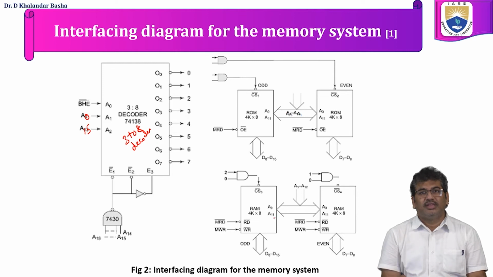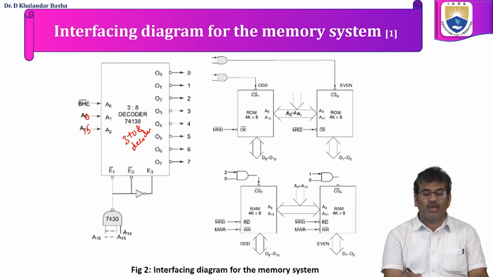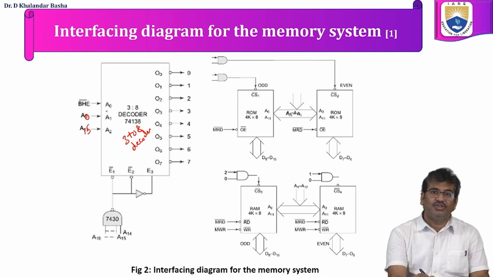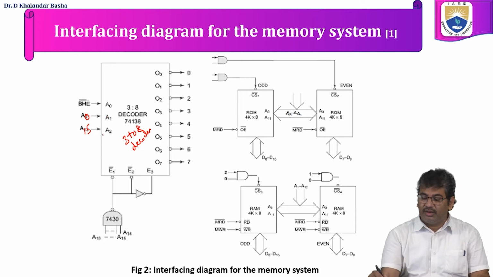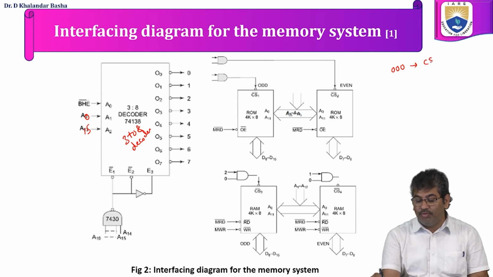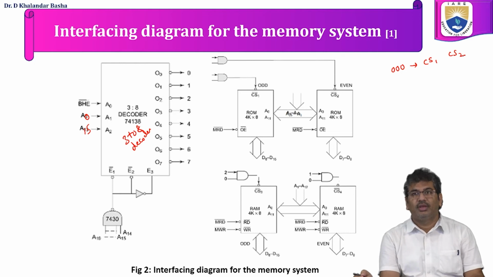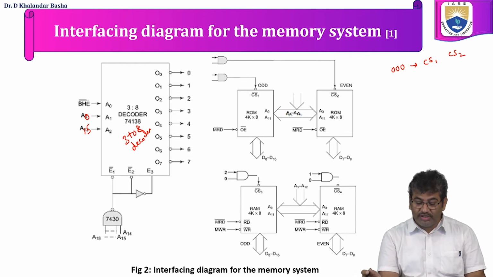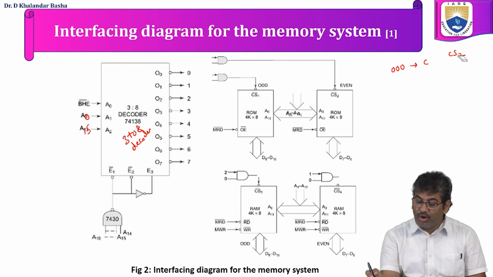These lines are used for enabling any one of the outputs. Whenever we configure these bits as 000, we have to enable both chip select 3 and chip select 4. 000 means it is RAM, so it is block 3 and block 4.